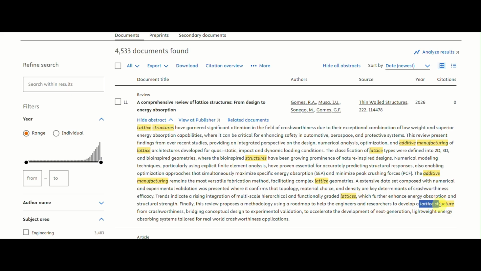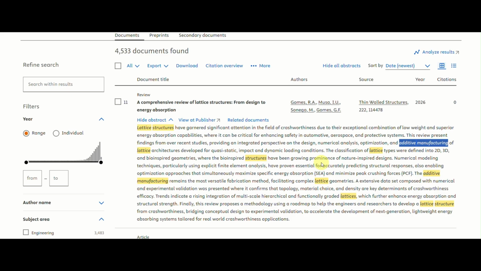But here you see lattice structure as a single keyword, and additive manufacturing as a single keyword. This is what we want. We don't want separate keywords within the abstract, introduction, methods, results and discussion, or conclusion.